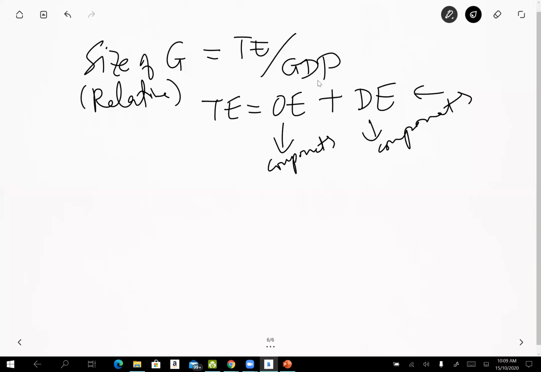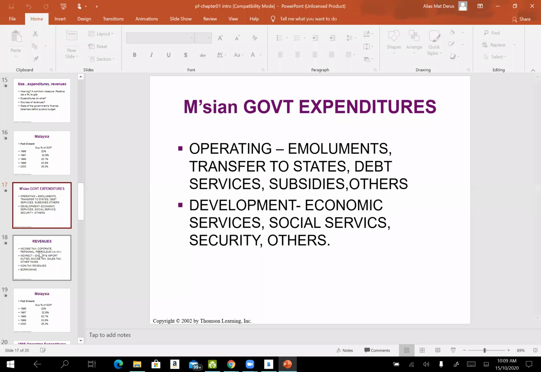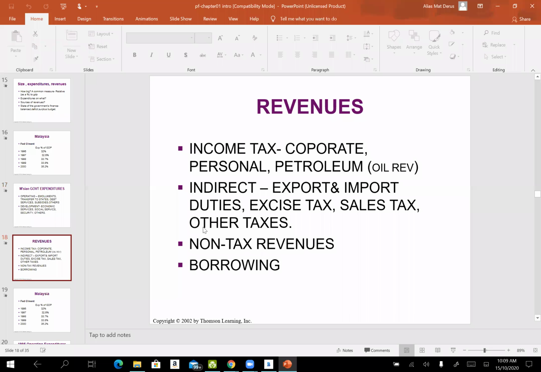All right. Now look at the revenue side. It means to cover the expenditure, the government needs revenue. So the revenue will come basically from taxes, okay? And some other sources of revenue.